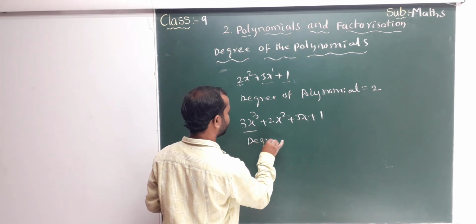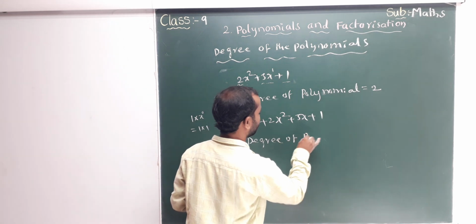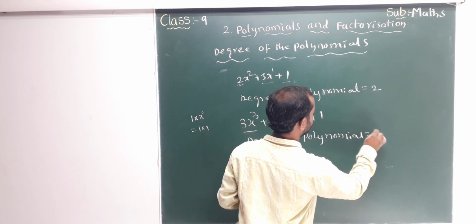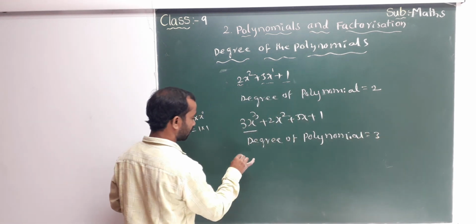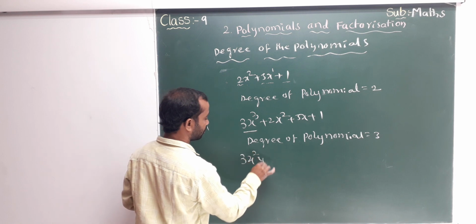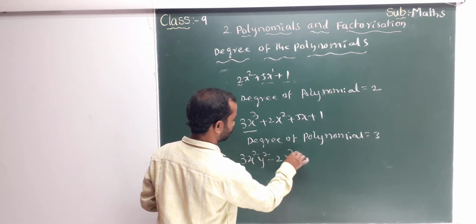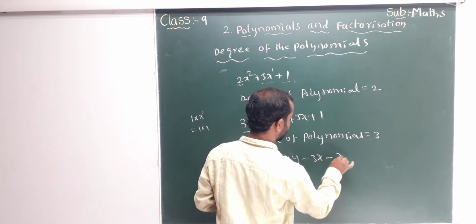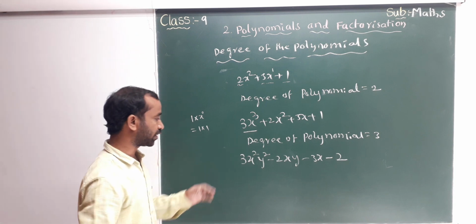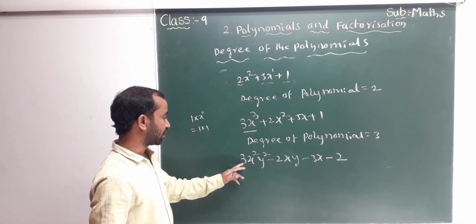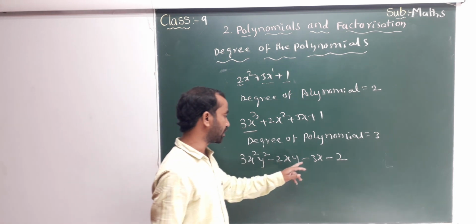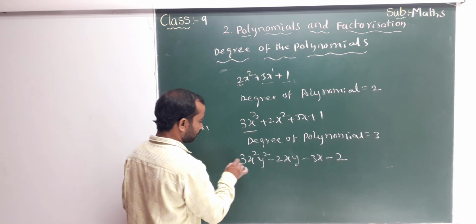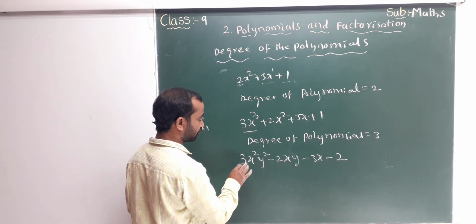Next example, 3x square y square minus 2xy plus 3x minus 2. Here two variables are there. From this algebraic expression we have four terms.